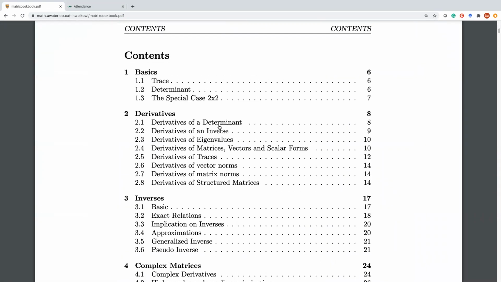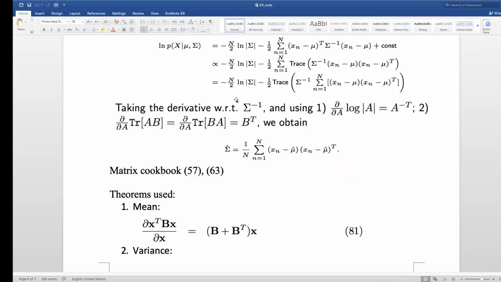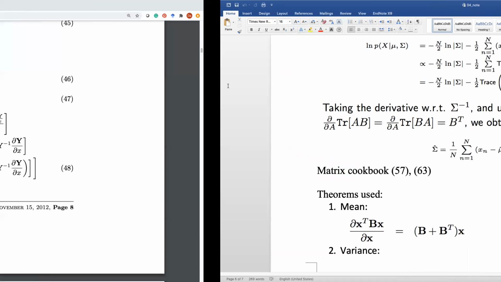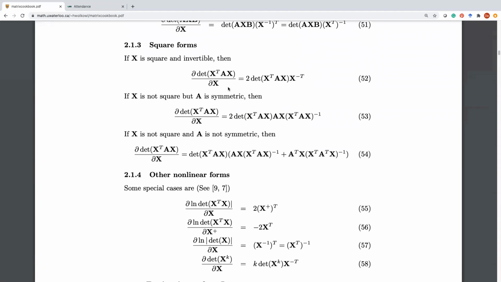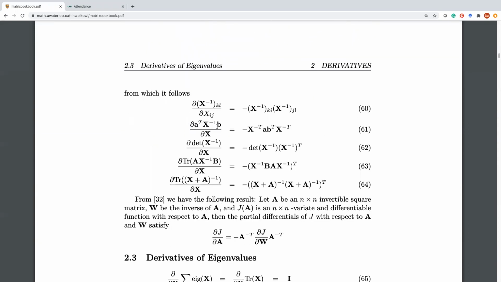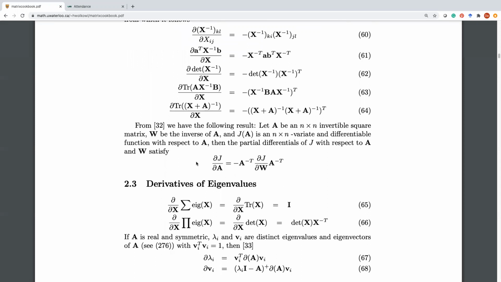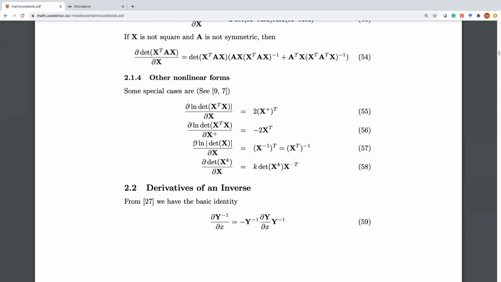Let's see here. And you want a log. If you come back, you have a log before the determinant. You find this thing with log. You can look it up. It's 2.3, 2.2. Okay, so it's this one.